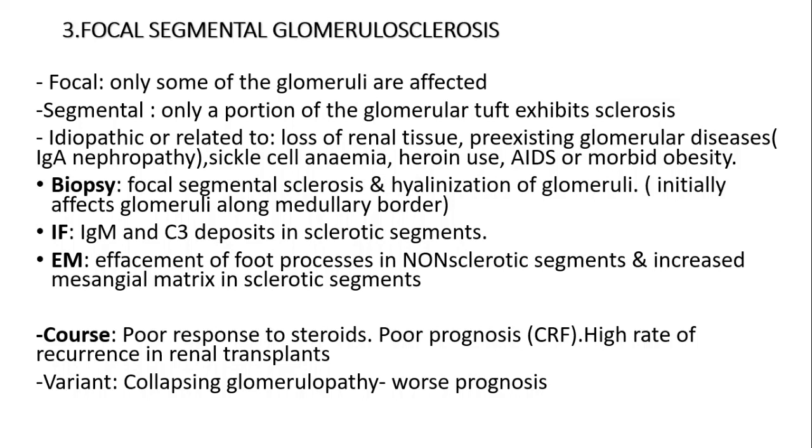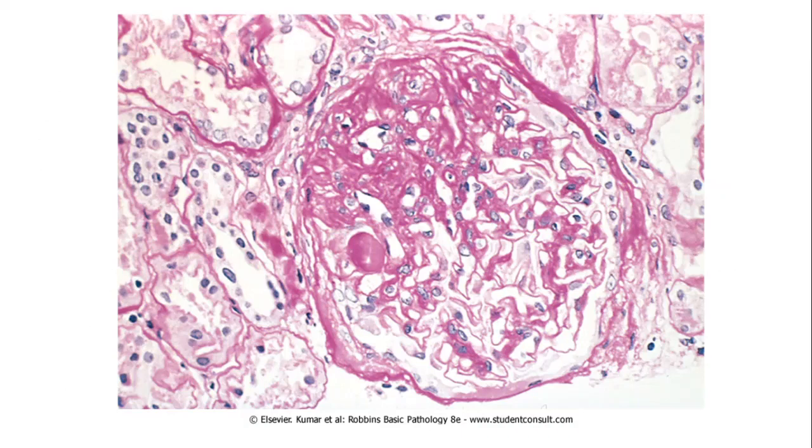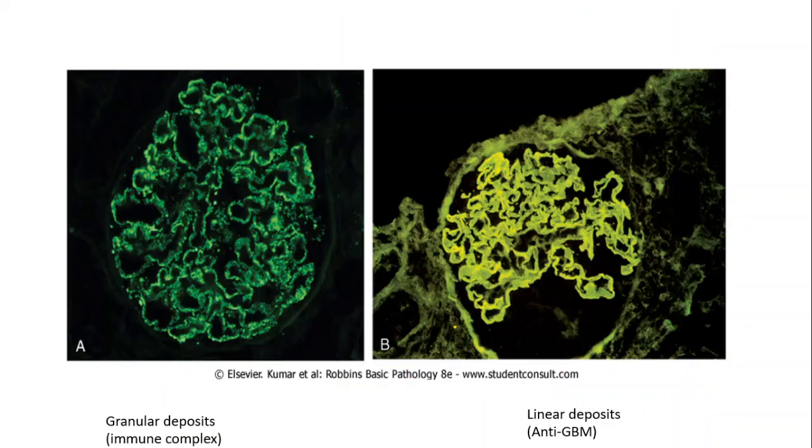A variant of this focal segmental glomerulosclerosis is collapsing glomerulopathy, where the prognosis is worst. See, this is one of the glomeruli which is affected. The rest of the glomeruli around may be normal, and only a component of the glomerulus is affected, which shows eosinophilic proteinaceous deposition in various components of the glomerular tuft.